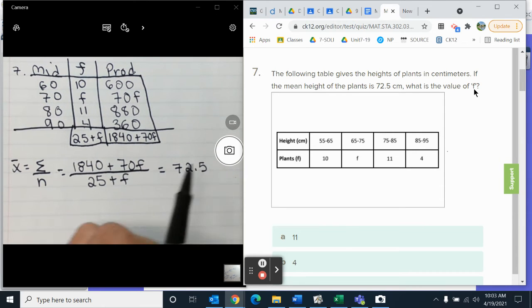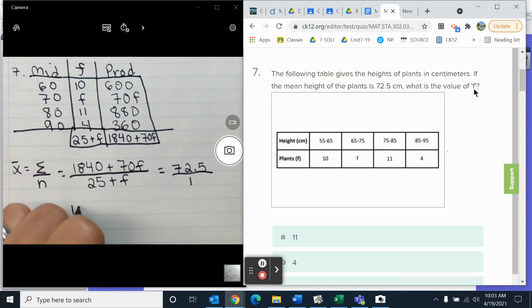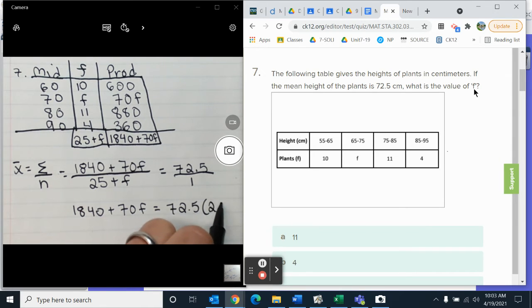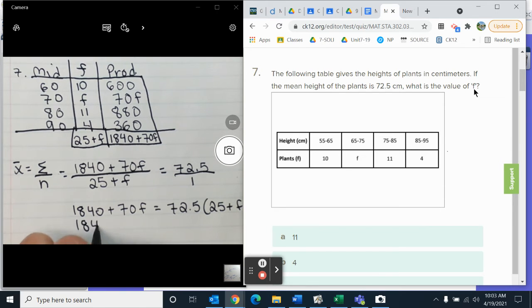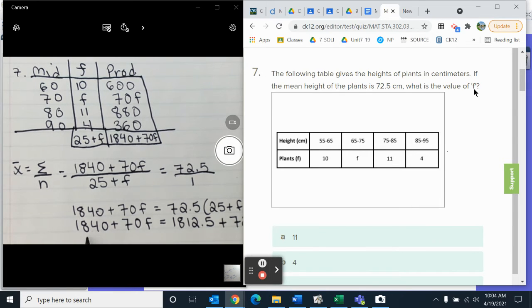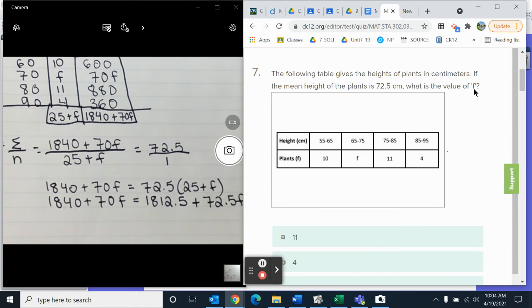So let's do a little algebra. 1,840 plus 70F is equal to 72.5 times 25 plus F. So 1,840 plus 70F is equal to 1,812.5 plus 72.5 F. So now when we, I apologize, let's zoom out a little bit.